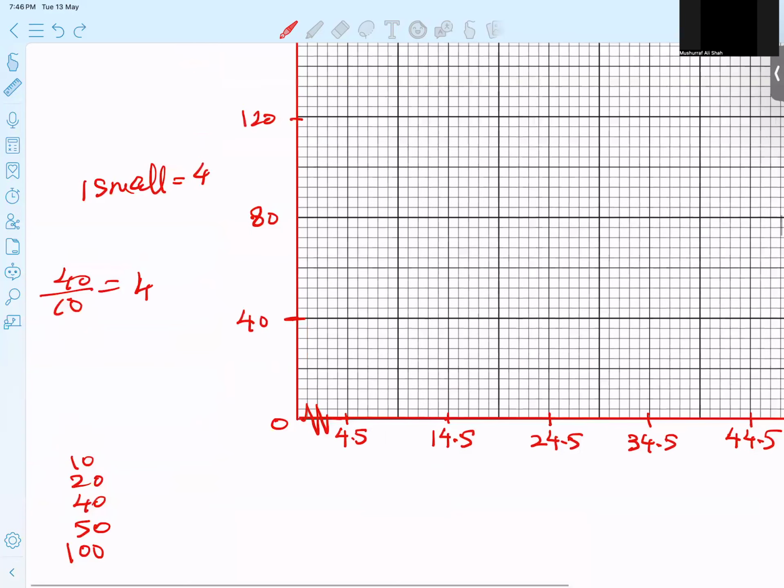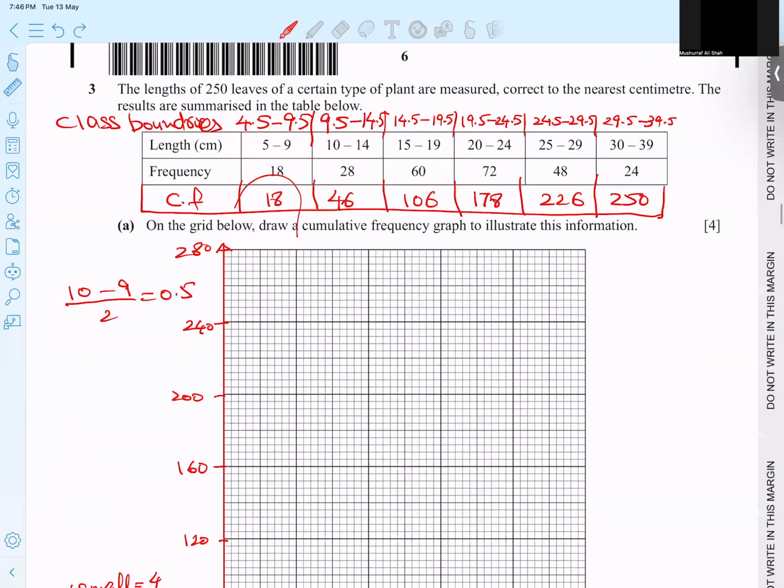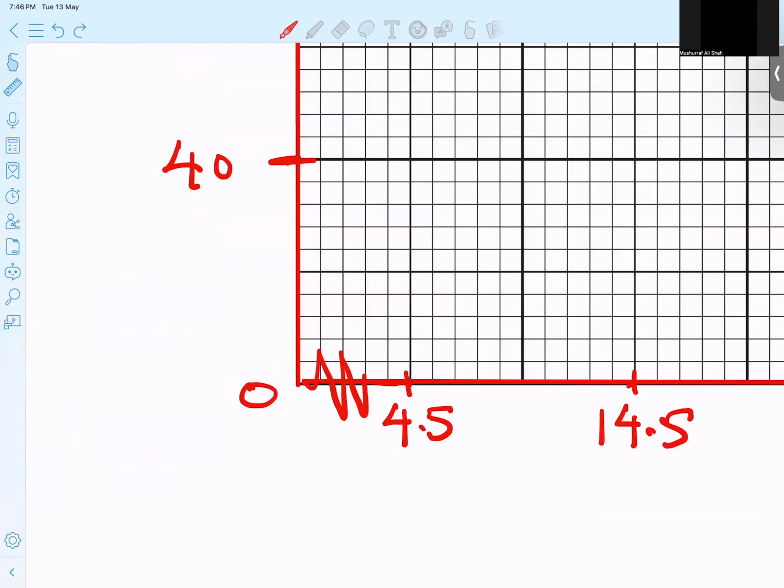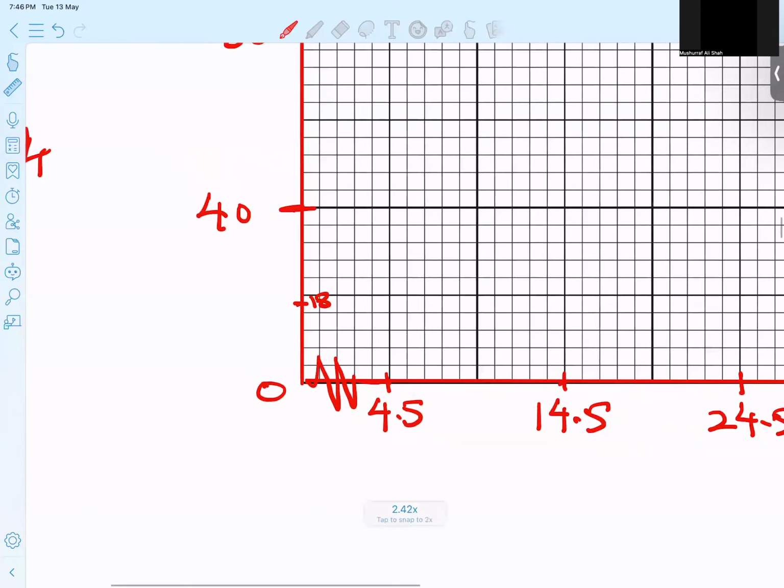I'm looking for 18 against 9.5. Four 4s are 16, and this is 18. So this is 18, against 9.5. How come? If I add 5, I get 5.5 here.